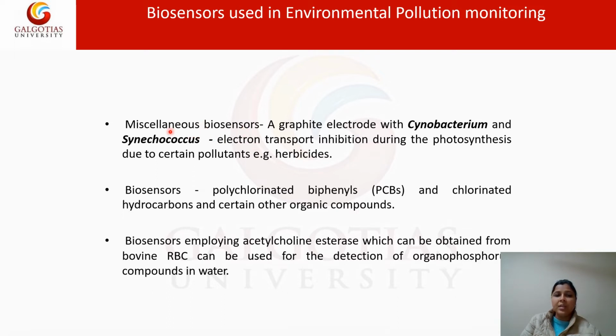Besides that, there are biosensors for PCBs, polychlorinated biphenyls, and chlorinated hydrocarbons and some other organic compounds. This way we can use biosensors in various applications, like the detection of organophosphorus compounds in water.